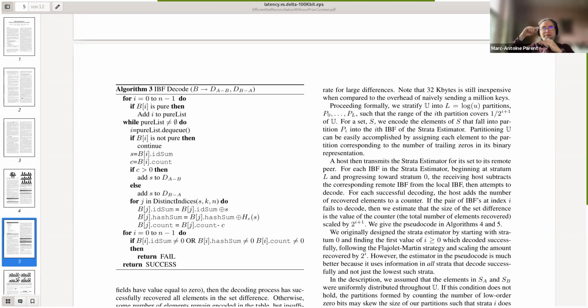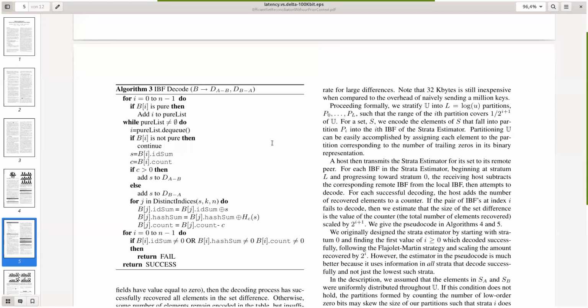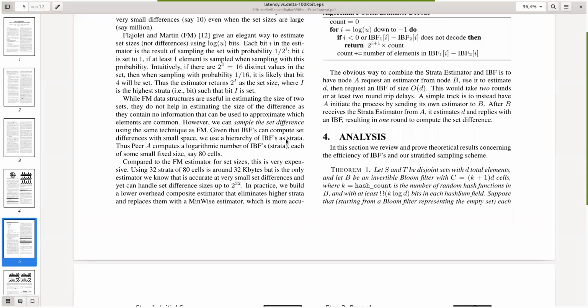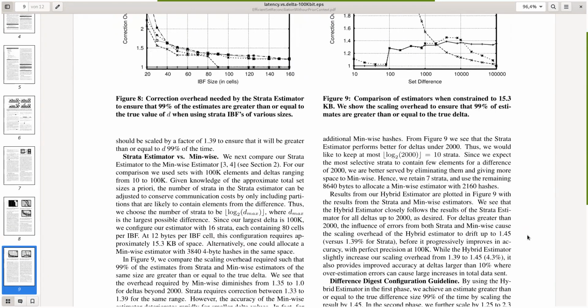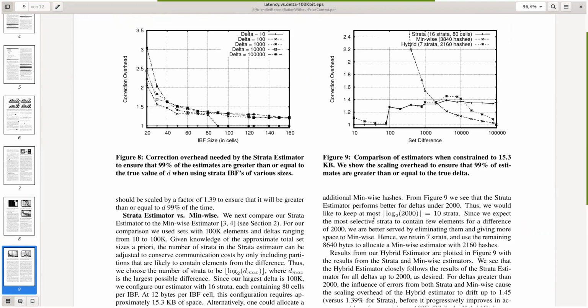I'm thinking if we use, for example, SHA-256, do we want to keep 256 strata? On page 9, just under figure 9, they provide a specific amount for calculating the strata. They say it's log base 2 of the size of the delta that you're targeting. So they target 10 strata because that's log base 2 of 2000. And because they're doing hybrid estimator stuff, they can drop 3 of those strata and use those bytes for the minwise stuff.